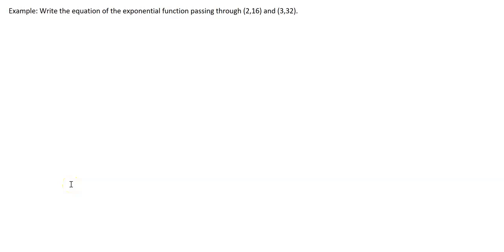Now, you'll see before you that we have a second example. We want to write the equation of the exponential function passing through (2, 16) and (3, 32). We're going to follow the exact same steps we did last time.